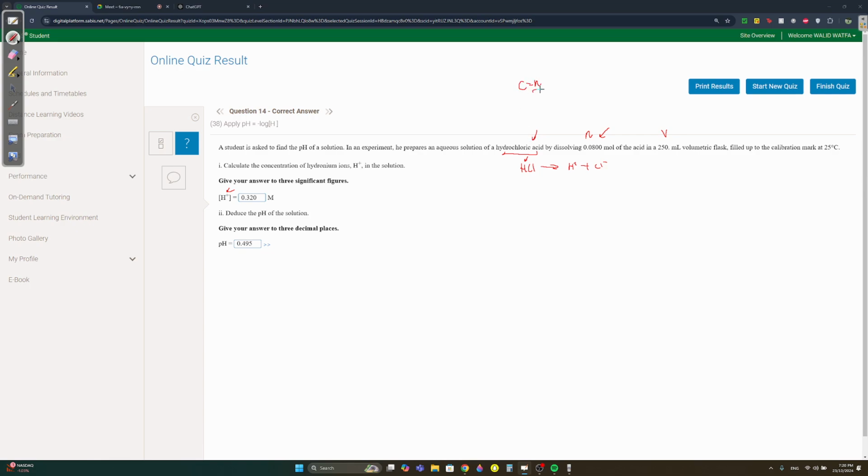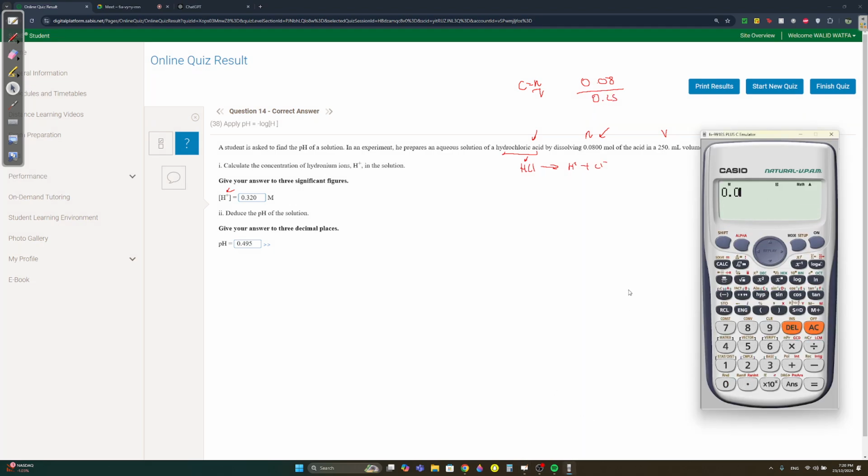C is equal to n over V. The moles is 0.08 and the volume is 0.25, because it has to be in liters or dm cubed, whatever you want to call it. You're going to get 0.32. You want 3 SF, so you just add a 0. Deduce the pH. How do you do it? You do minus log concentration of H plus, so 0.32, and you get this.